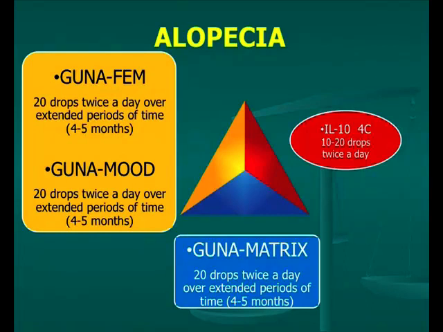In terms of cytokines, the discussion is complex because we should distinguish the phases very carefully. However, I would say that in principle, interleukin 10-4C can work well in alopecia, and the interleukin, in fact, acts as a brake on the inflammatory aspect. In alopecia, we should remember other drugs such as, for example, Gunafem, and, in particular, the same interleukin 10-4C, which can be administered locally, i.e. by massaging the scalp.